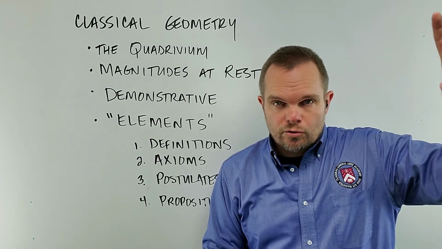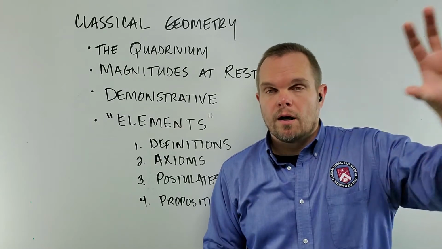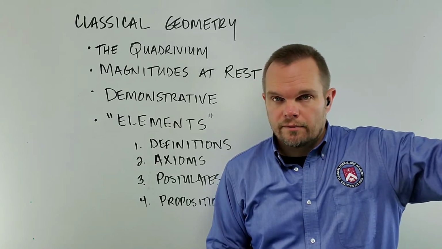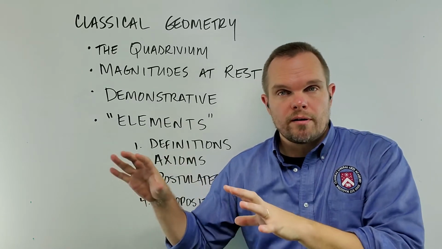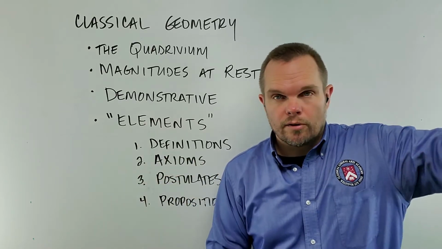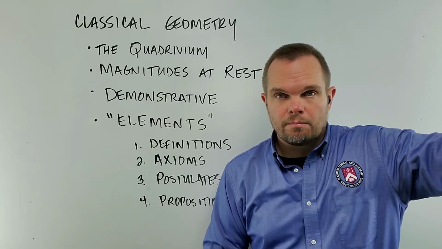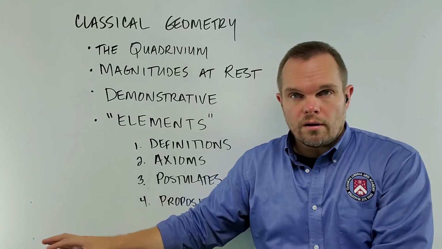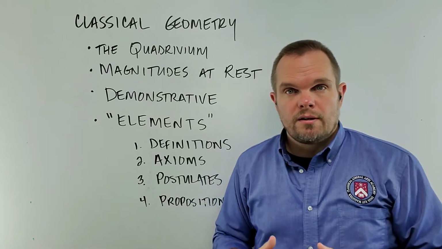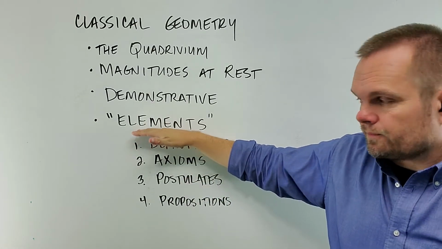All of those true statements that we reason from are called the elements of geometry because all of our knowledge in geometry is built from those elements, okay? The building blocks, the basic building blocks of all of our knowledge in geometry. That's why the book is called The Elements.